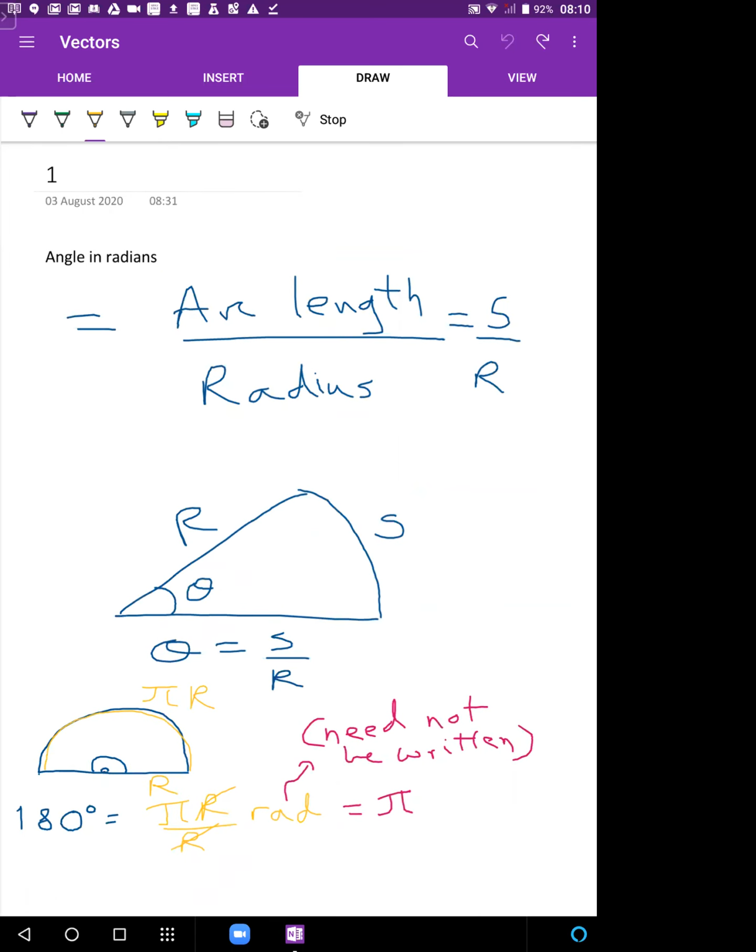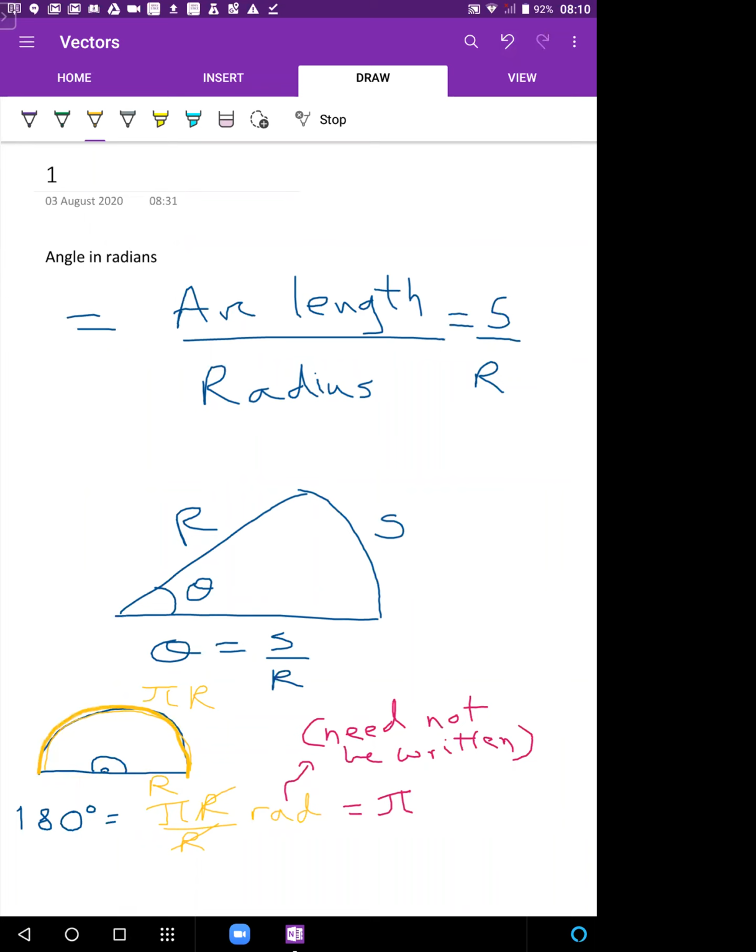This definition, say, have a look at this example. Okay, so what does 180 degrees look like? In fact, what does 180 degrees look like in radians? So if I were to draw an arc between these two lines, this would be the arc that I have to draw. Okay, now that arc's length, this is now the length of a semicircle.